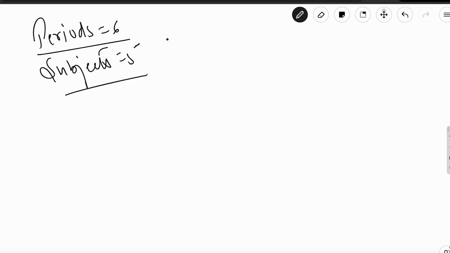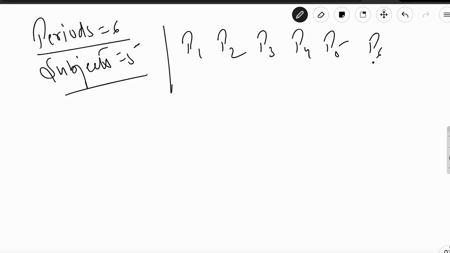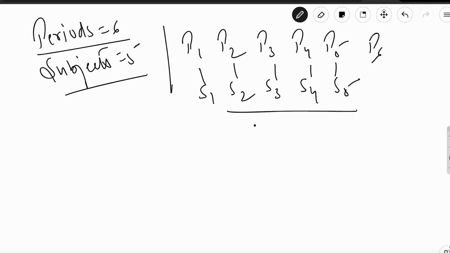Say we have P1, P2, P3, P4, P5 and P6, 6 periods, and S1, S2, S3, S4 and S5 as 5 subjects. So each subject is allocated at least 1 period. If each subject is allocated 1 period, then 5 periods are already occupied. We have 1 extra period.